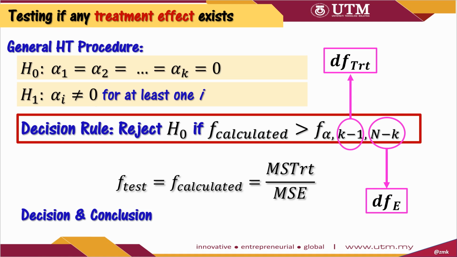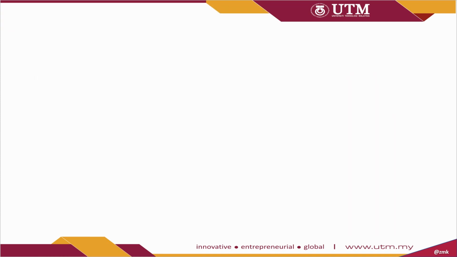Therefore, please be consistent from the beginning. If you test the equality of the means, please conclude on the means. Whereas, if you test the existence of treatment effects, then you should at the end conclude on the existence of the treatment effects.